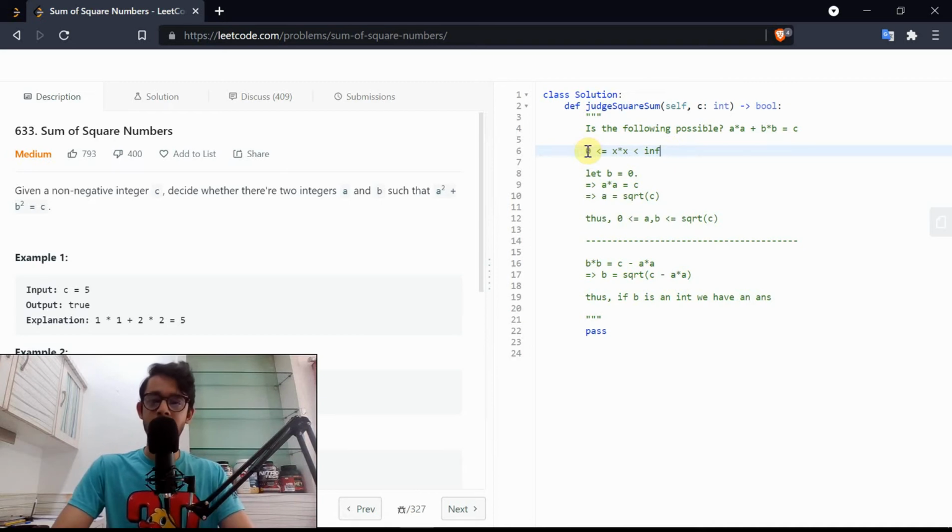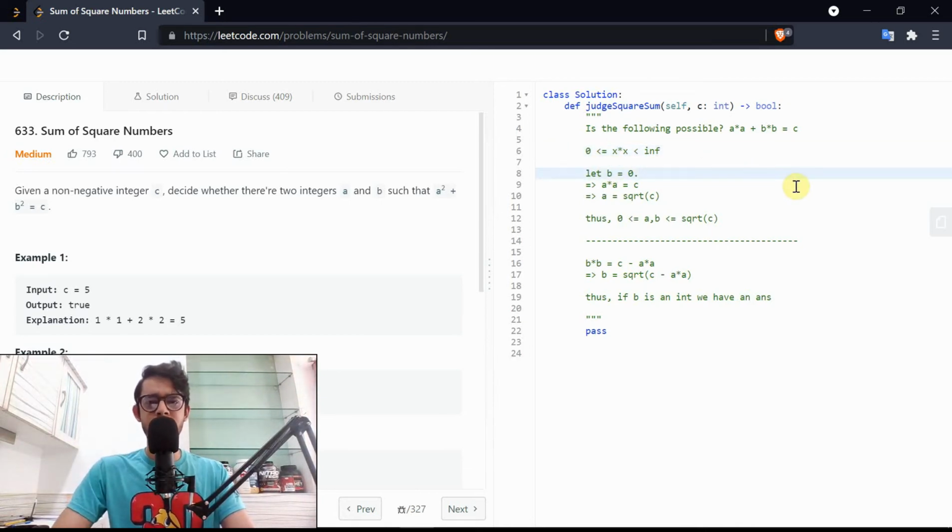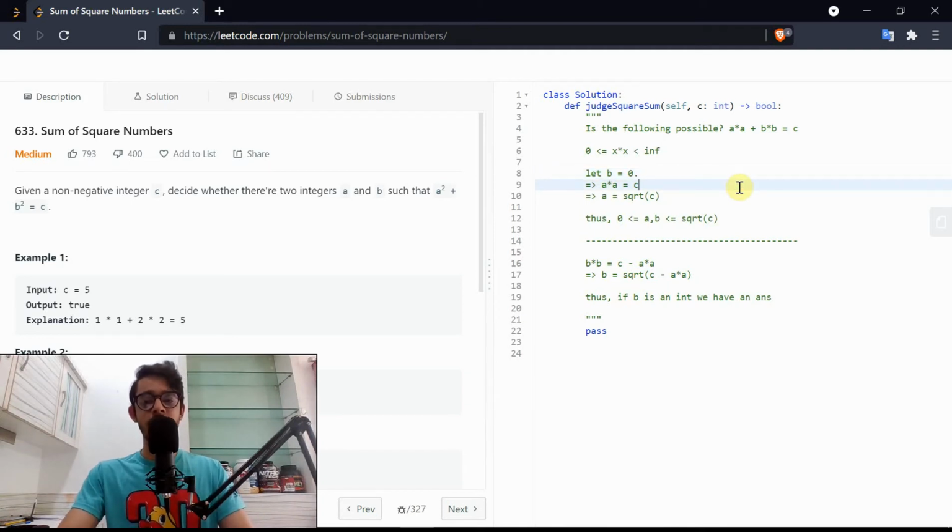Let's focus on the minimum one and let's set b equal to 0, just for the sake of convenience. Now what happens? We look at a squared plus b squared equals c, where b is equal to 0, which means that a squared equals c, or a equals the square root of c.